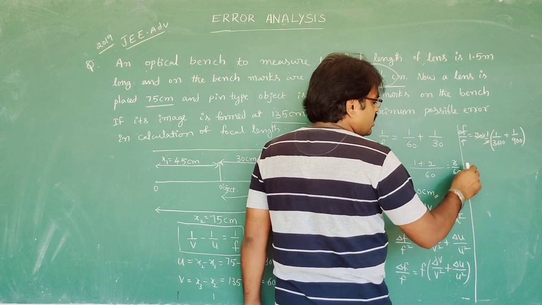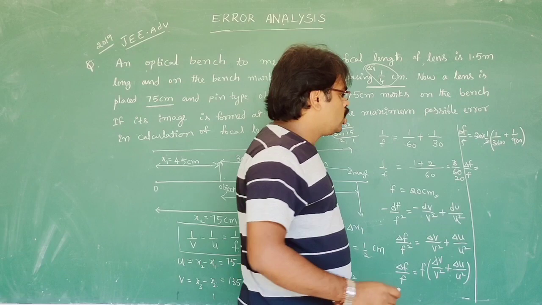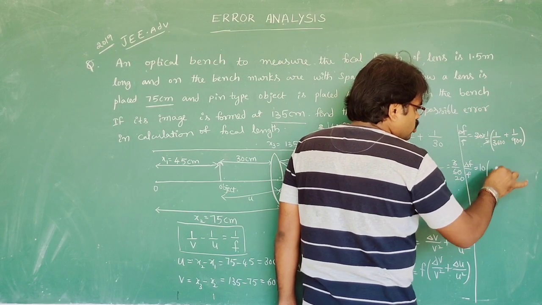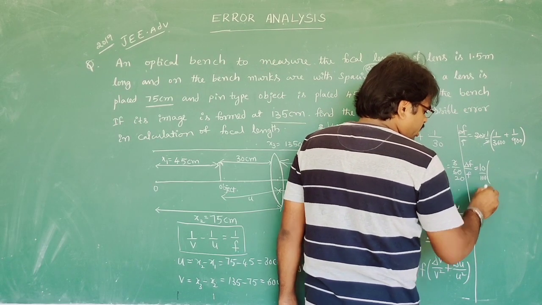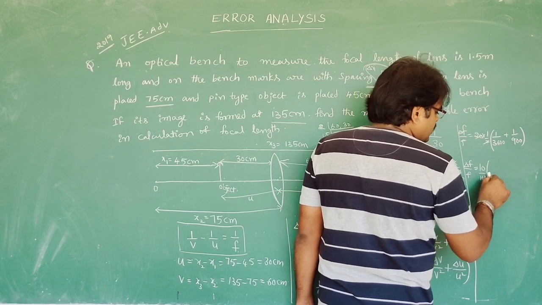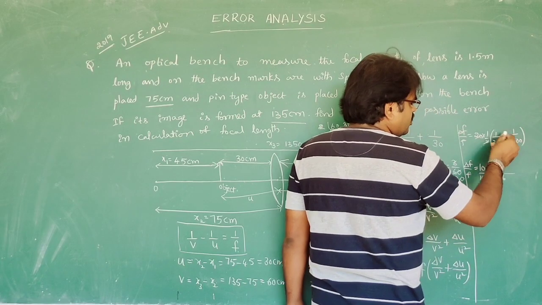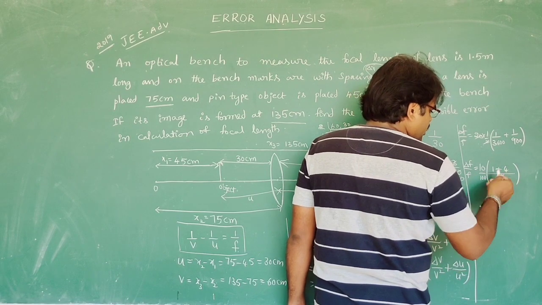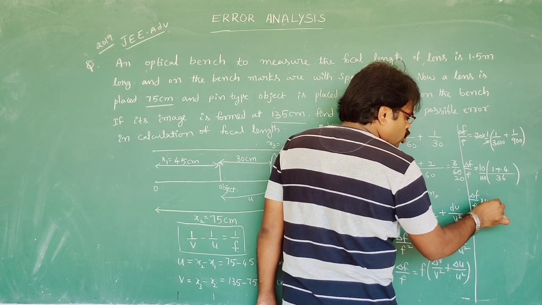Then cancel. Delta f by f is equal to 1 into, here 100 we take common, 100 into 36 will be there. Then take the LCM, which is 36. Here 1 plus 4.